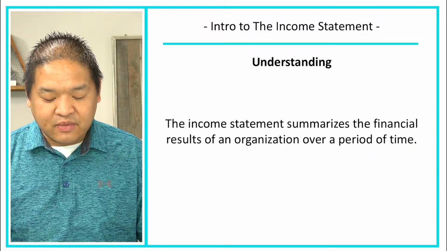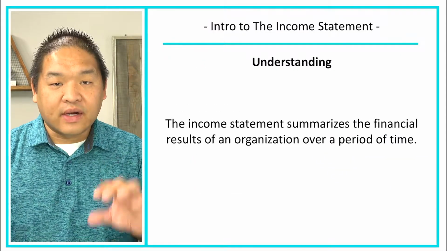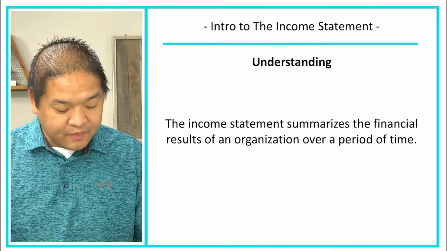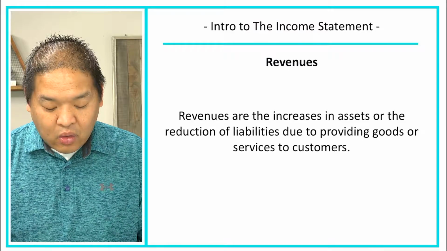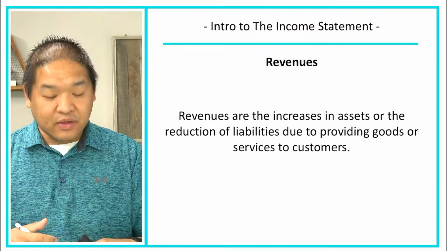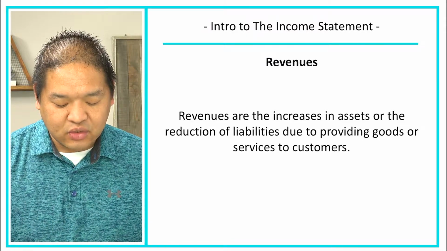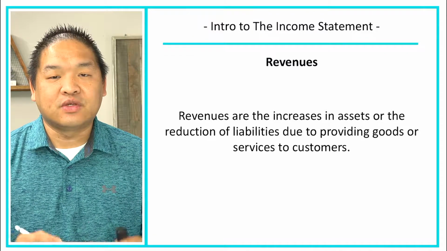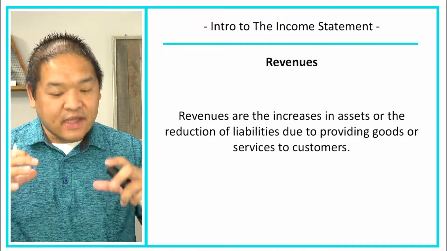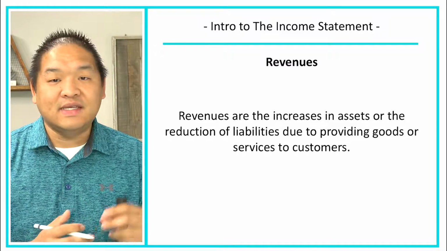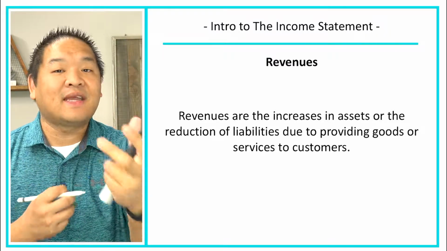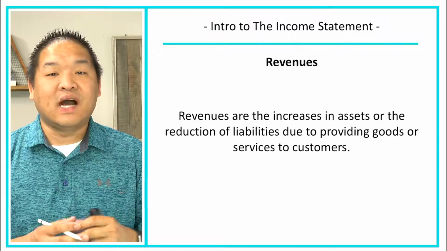Now, the income statement summarizes the financial results of an organization over that period of time. Revenues are the increases in assets or the reductions of liabilities due to providing goods or services to the customer. So, increases in, let's say, cash, or the reduction of liabilities.